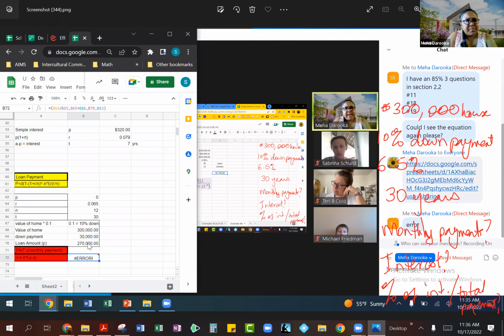P, of course, is going to be the $270,000. And then it's your future value, the loan amount, which technically we call A, because if you're using P for both the loan amount and P as 0 at the top again, you're going to get confused. So the one where you have the 0, I would call that an A because that's your future value.